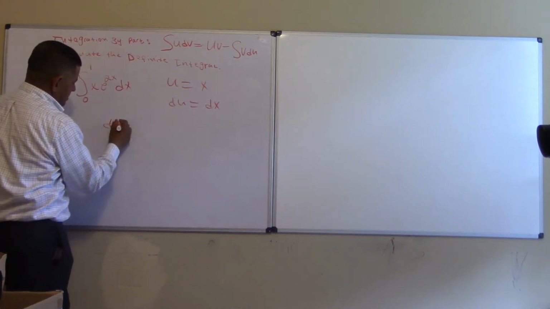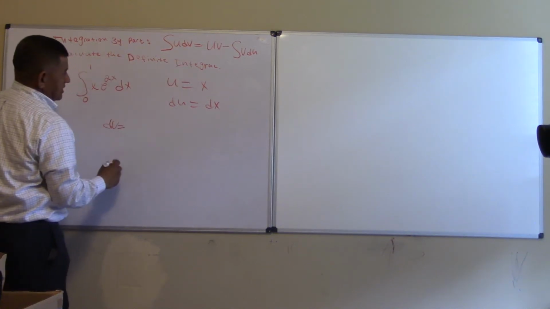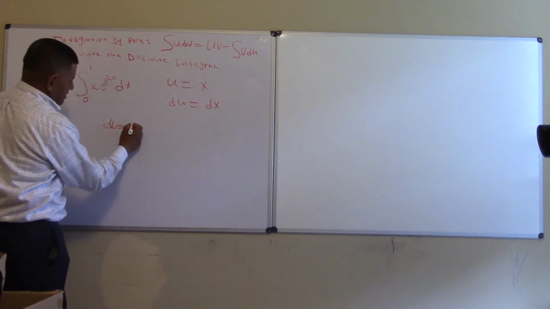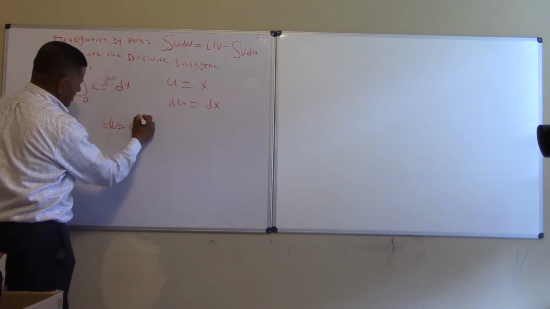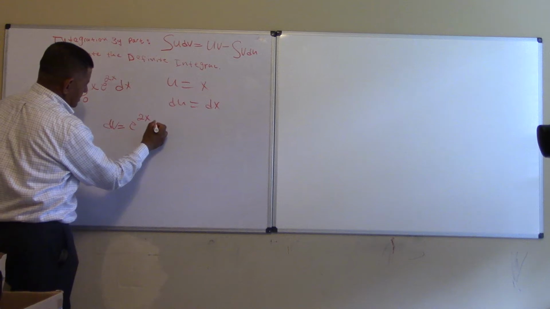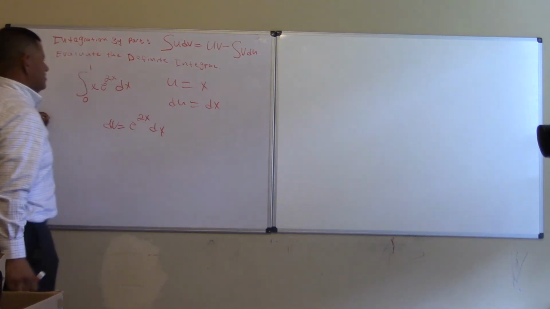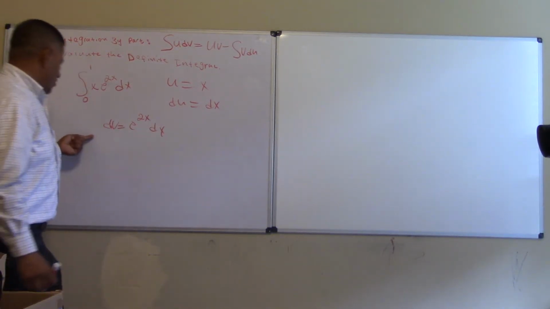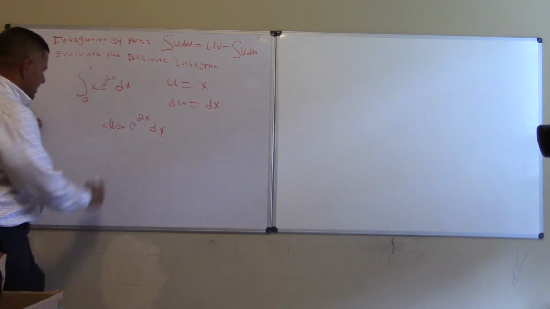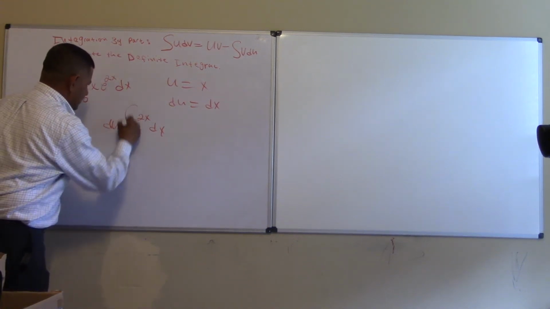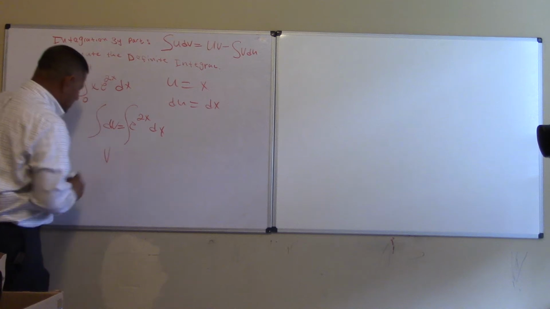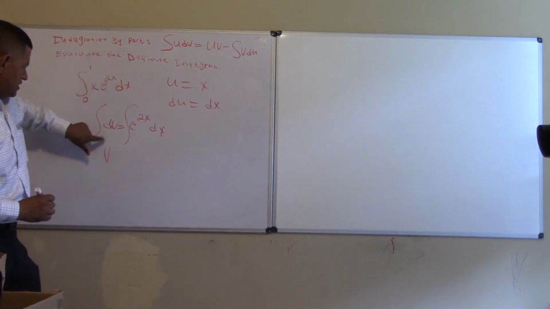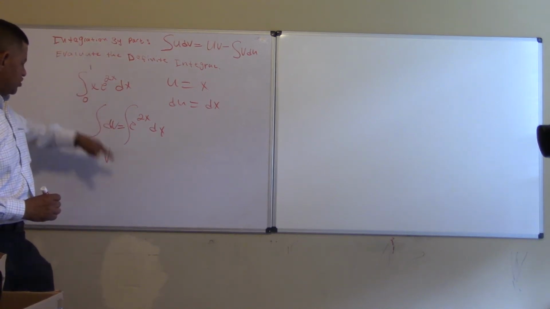So dv is equal to this function, which is e to the 2x dx. When I integrate this, I get v. So I integrate both sides, and the integral of dv is just v.